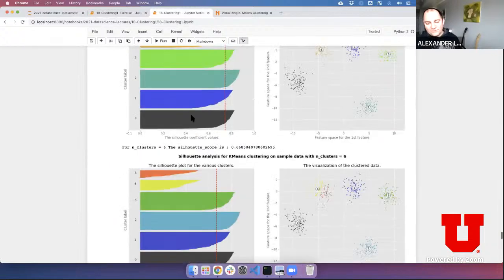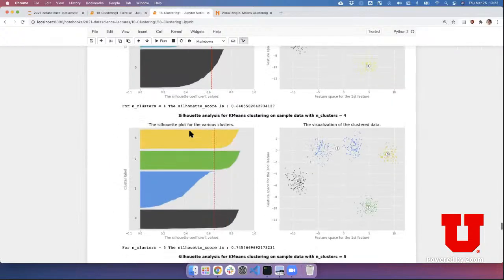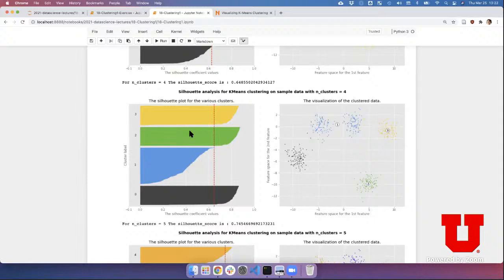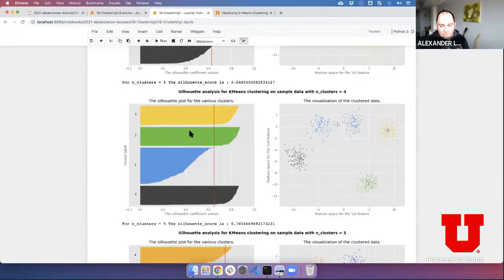Thank you. Okay, so intuitively, for every item you calculate two scores. How well does it fit to its own cluster, and how well does it fit to another cluster?